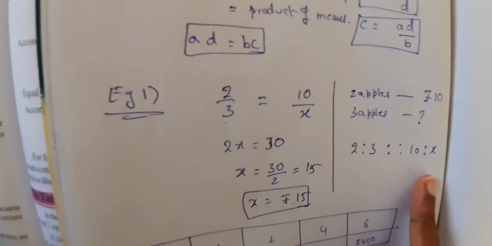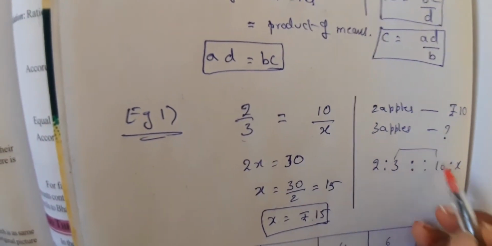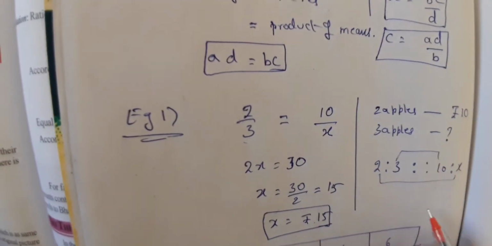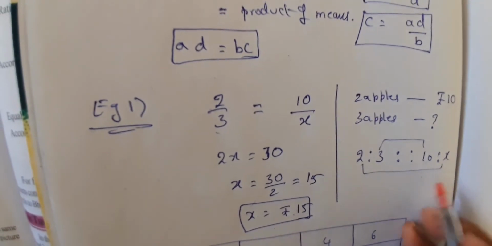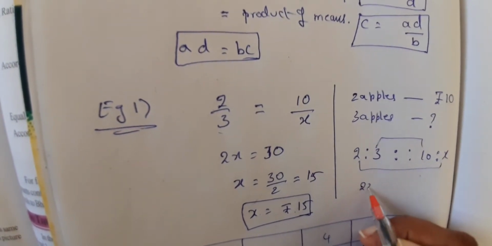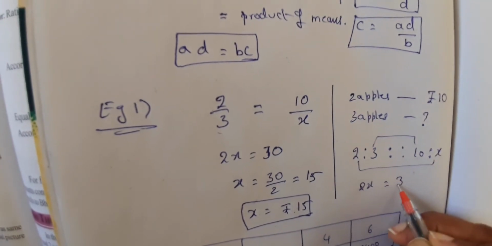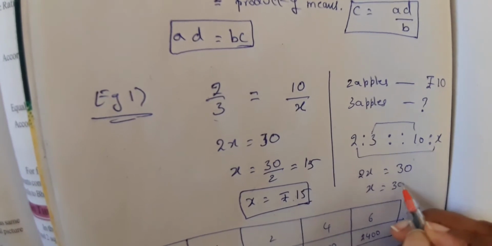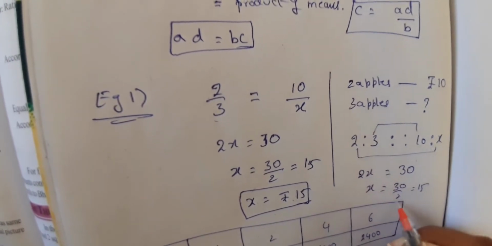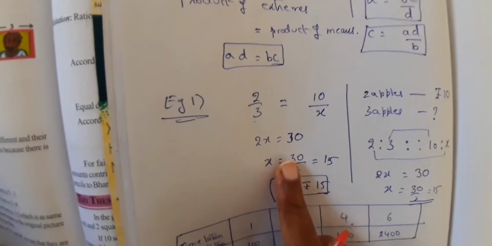And here you can use the other way also. What is the other way? Product of means is equal to product of extremes. What is the product of extremes? 2x. Which is equal to, what is the product of means? 3 into 10, 30. So directly you can transpose to here. 30 by 2 is equal to 15. Or either you can take directly like this.